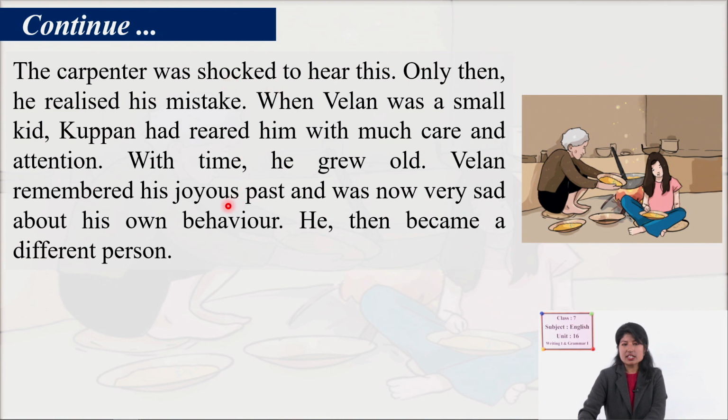Okay, we can find verbs like shocked. Are you underlining or not? As I read, you are to underline. And now we are confirming, okay, shocked. And then realized, okay, realized. And what's there? Reared, was is repeated, that's why I have not underlined over here.